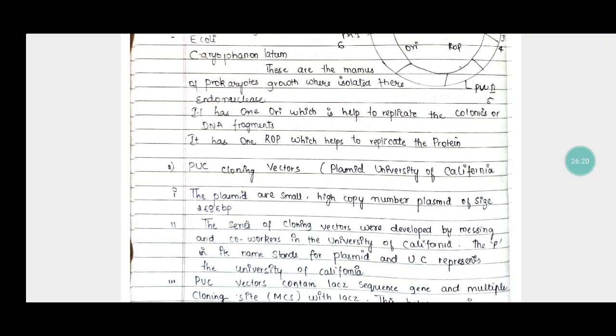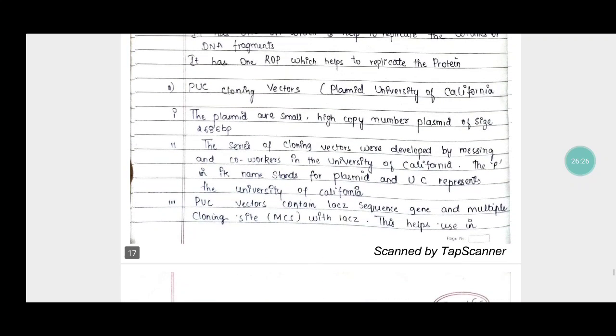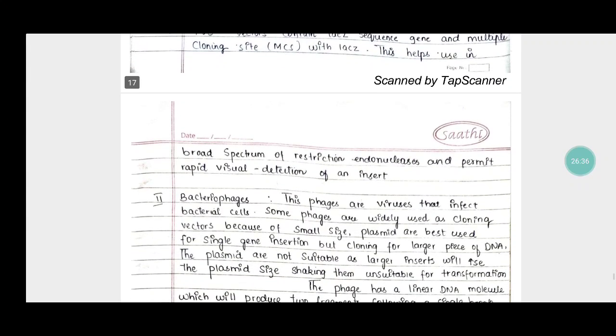The plasmid size is 2686 bp, where the pUC vectors contain lacZ sequences and the multiple cloning site, MCS, with lacZ. This helps in use with a broad spectrum of restriction endonucleases and permits the rapid visual detection of an insert.